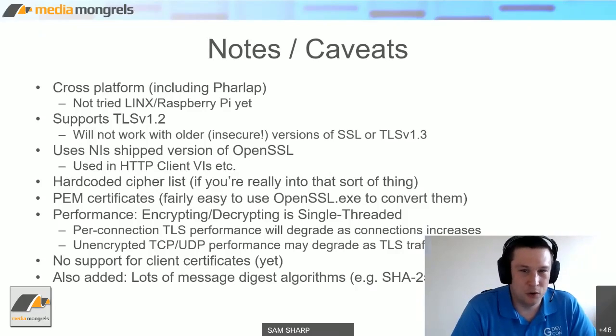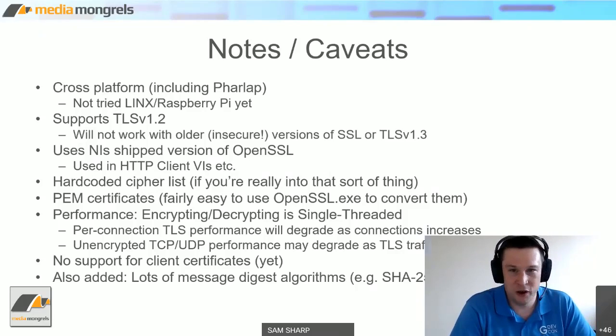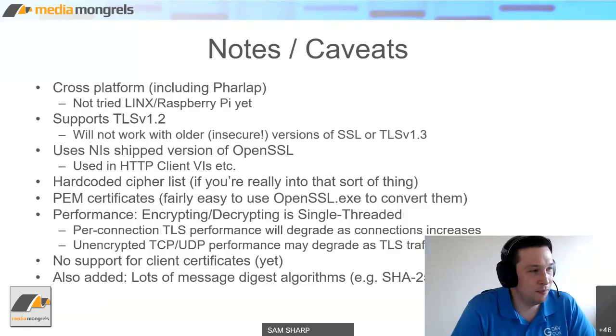If you're trying to talk to a legacy or less secure system, you might run into issues where you can't use TLS just because it only supports a specific set of ciphers.